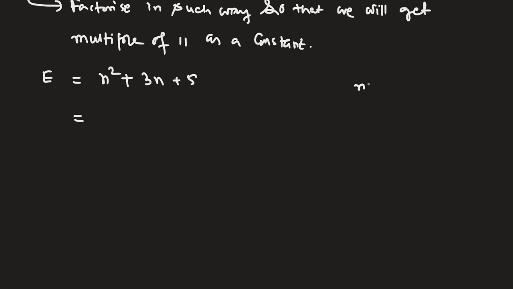So if you are writing here n square, if you do the factorization in this way, n into n plus 2, you are taking 3 as 1 plus 2, plus 1 into n plus 2 again. So what will happen, n square plus 2n plus n plus 2 plus 3.